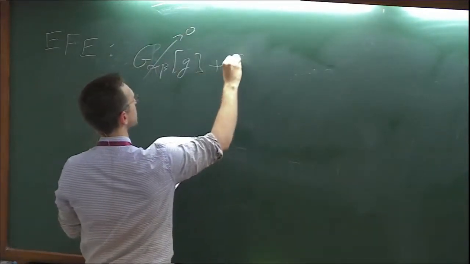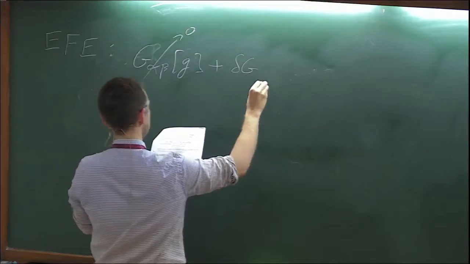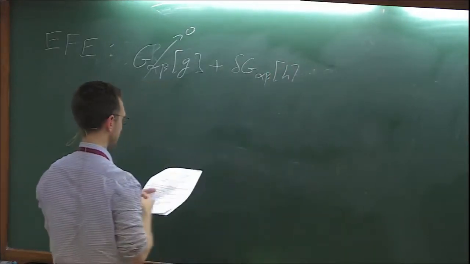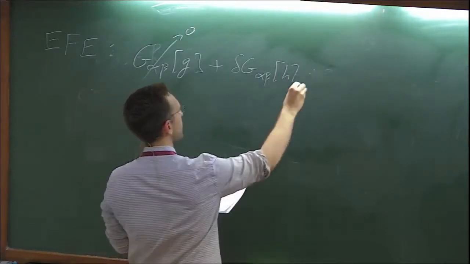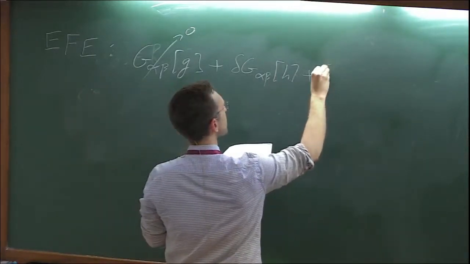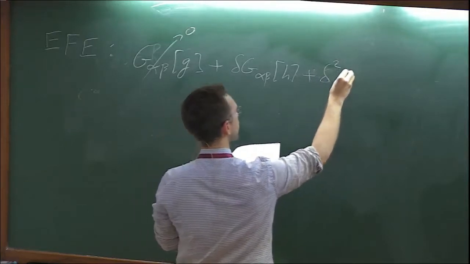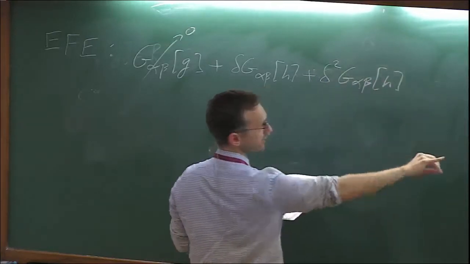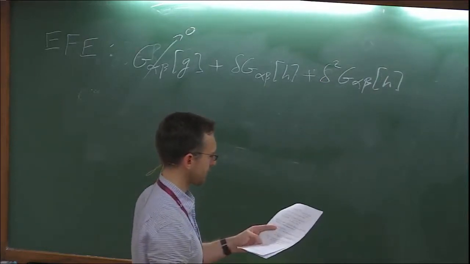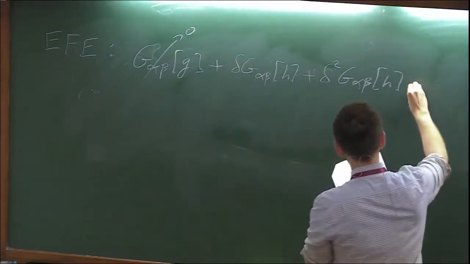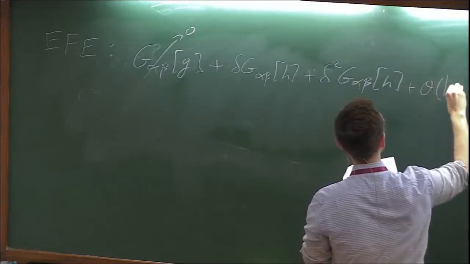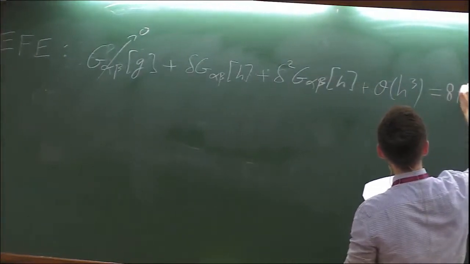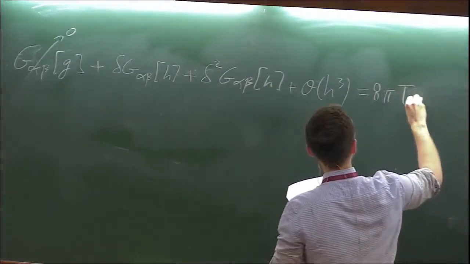Then we have the linearized Einstein tensor constructed from h as given over there, and the piece that's quadratic in h as given almost over there, plus things that are of order h cubed. And this whole thing is 8 pi T alpha beta.